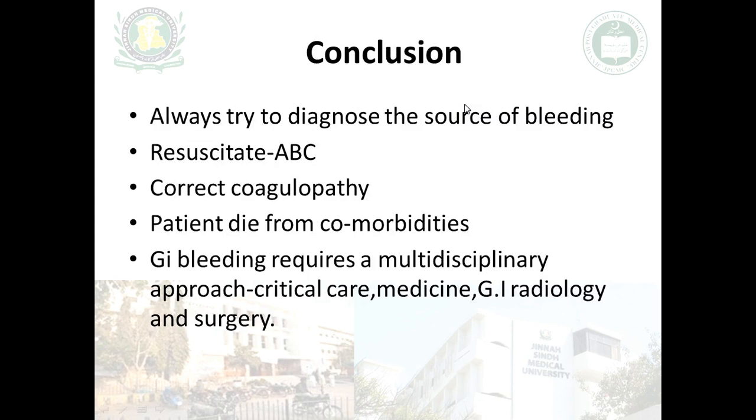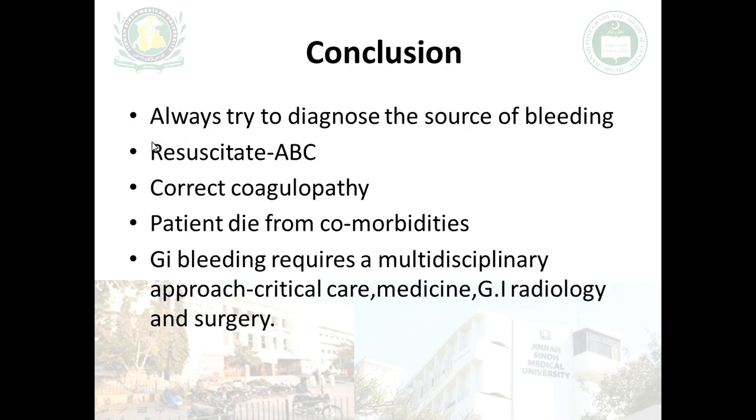So at the end, what is the conclusion of the approach to a patient? Always try to diagnose the source of bleeding. By the history, by your examination, by your investigations, try to find out where the source of bleeding is in the lower GI. But never compromise on the resuscitation.